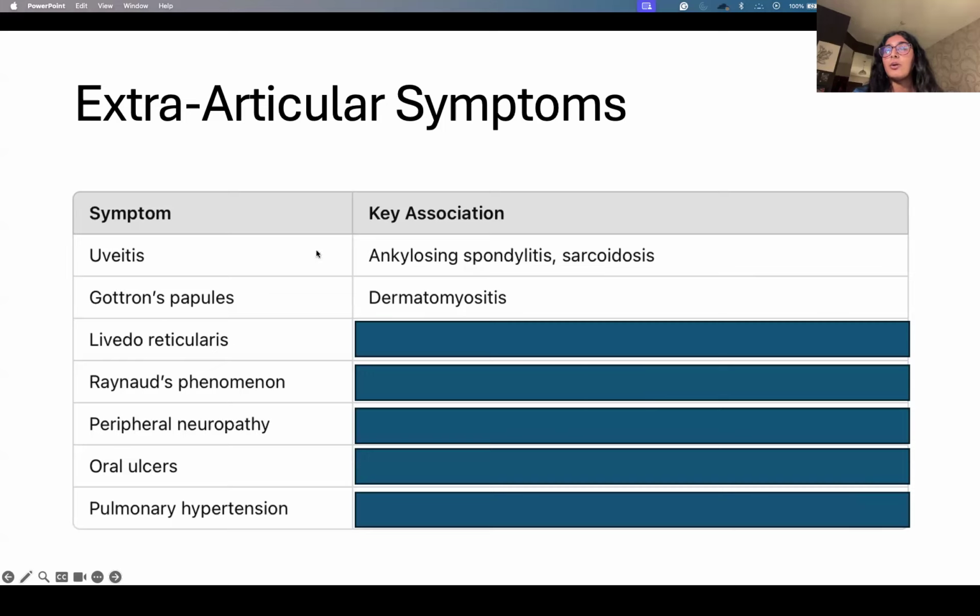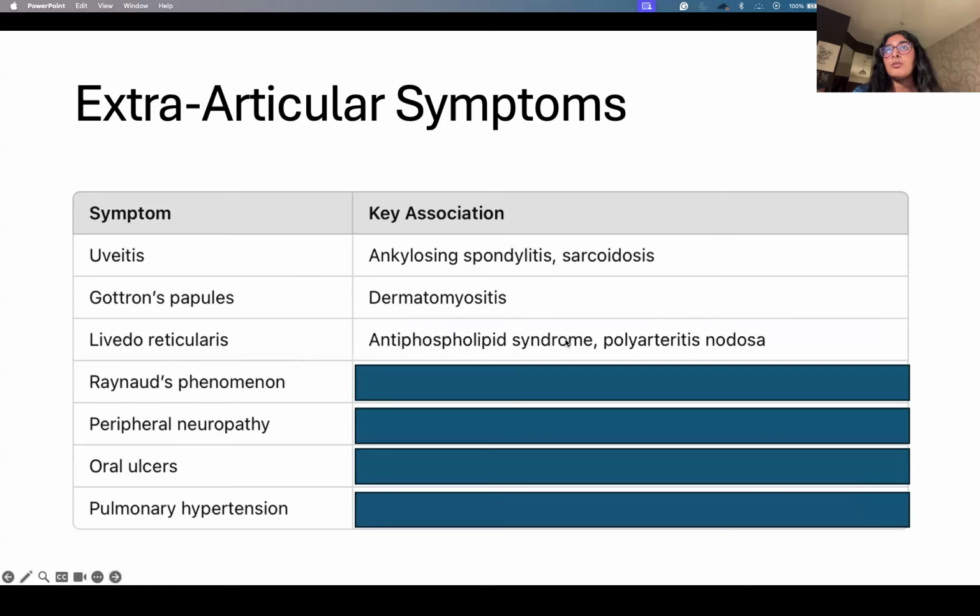It is a pretty tricky one, but you might have seen it in other presentations. So antiphospholipid syndrome, you get a kind of splotchy appearance of the skin. And specific to joint pain, you've got polyarteritis nodosa.